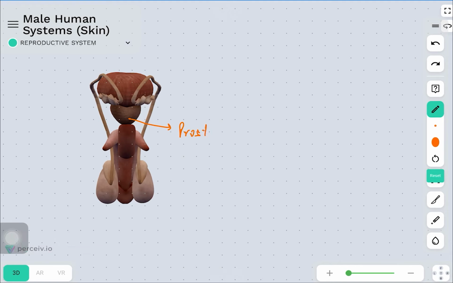Now, this is the prostate gland. This gland secretes slightly alkaline milky fluid.